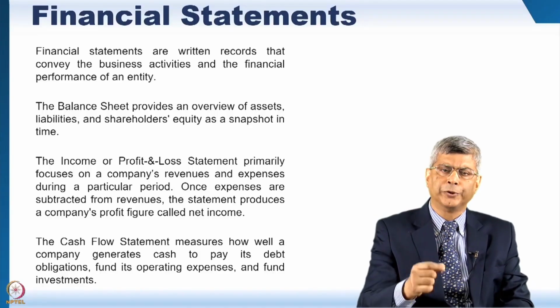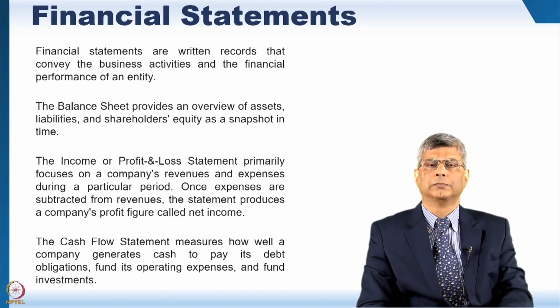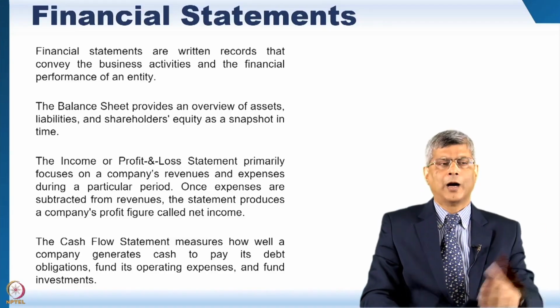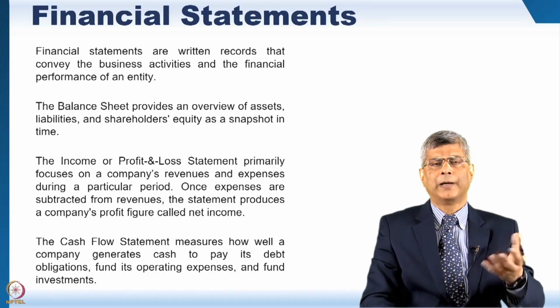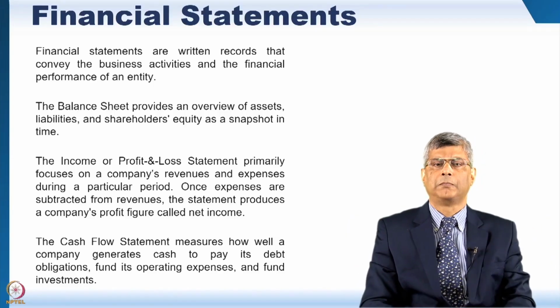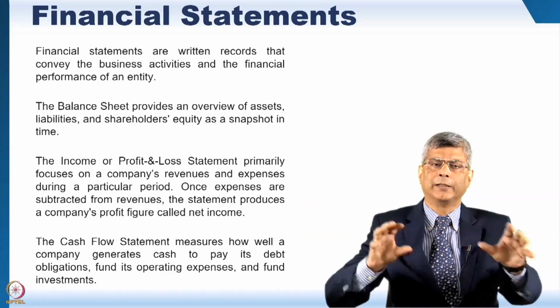And I'd encourage you to keep an account in your own lives of a balance sheet. How many assets do you have? How much are they worth? And do you have a loan against it? If you buy a house, you have an asset. But if you have taken a loan against it, you have a liability.